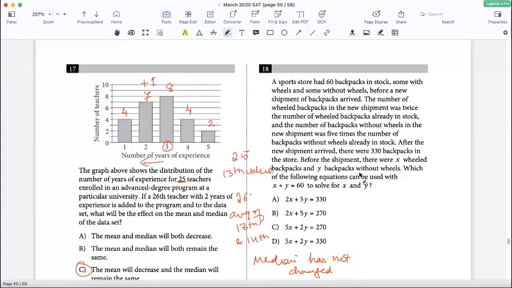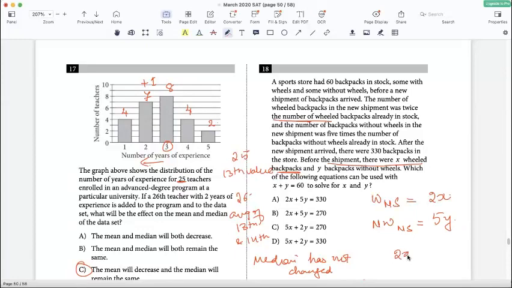So before the shipment, there were X wheeled backpacks, right? And the number of wheeled backpacks in the new shipment was twice the number. So wheeled backpacks in the new shipment is 2x. And the number of non-wheeled backpacks in the new shipment is 5 times, so that's 5y.